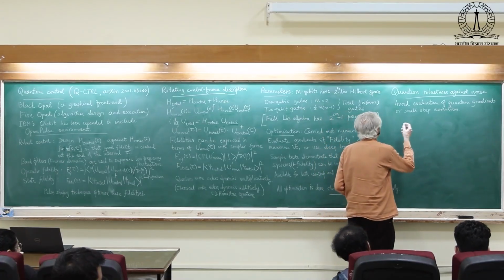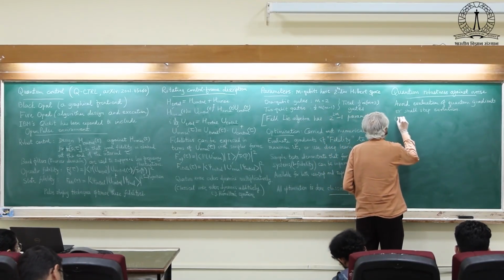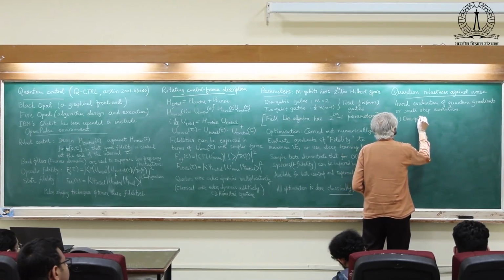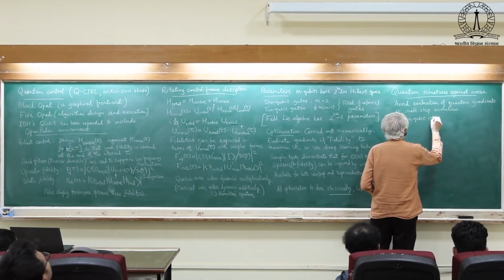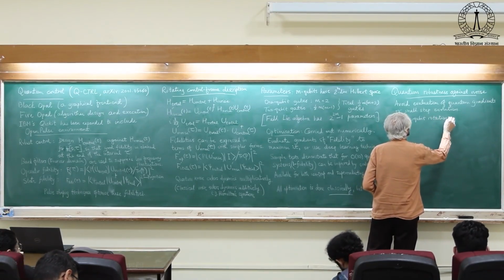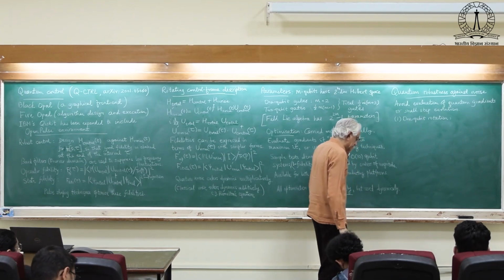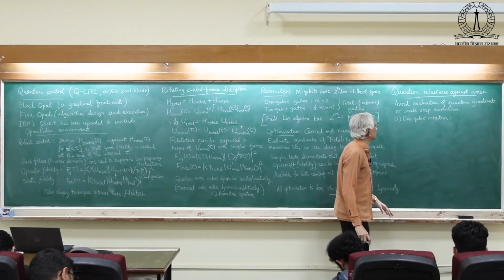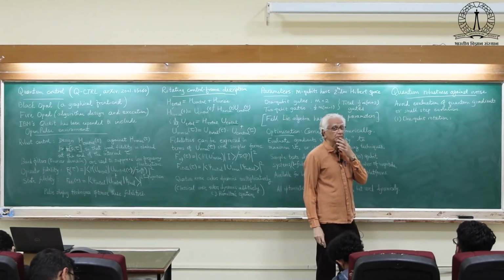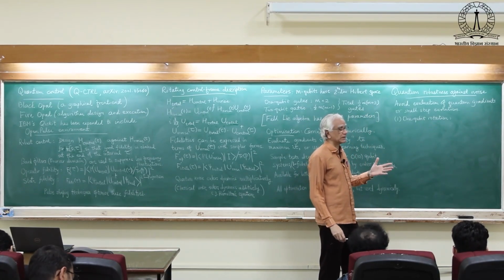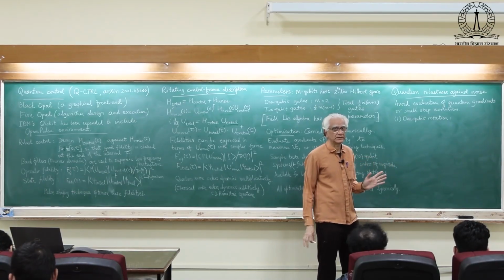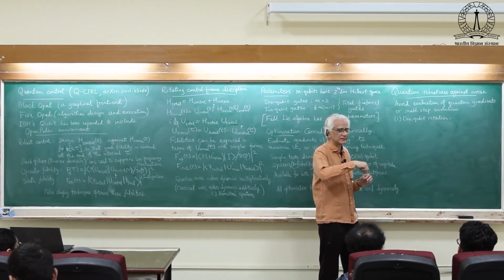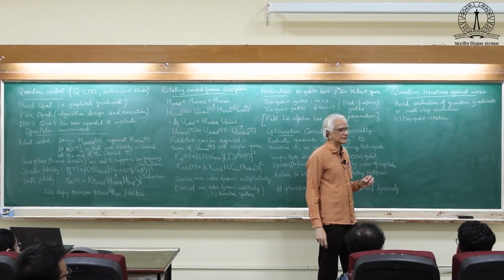So examples, something which I have described in the previous course. If you want to apply a 1 qubit rotation on a certain qubit, do you actually do the geodesic evolution along the Schrodinger equation?